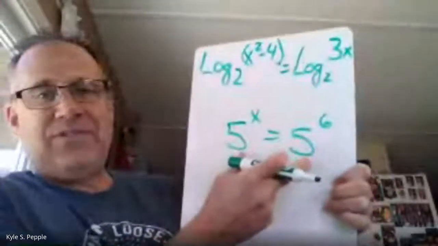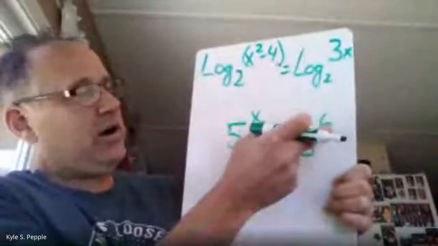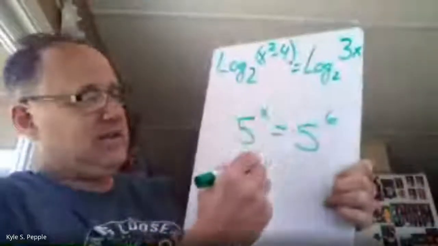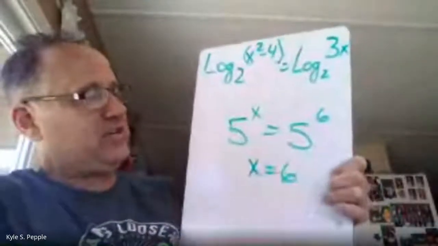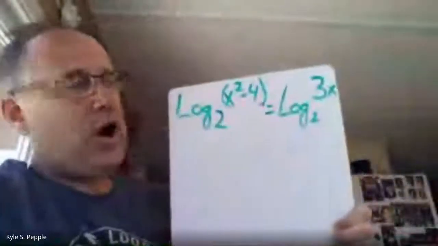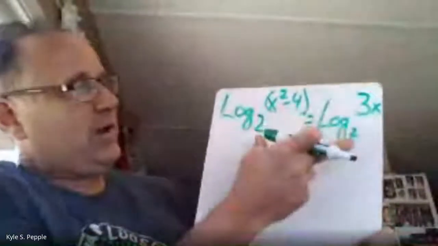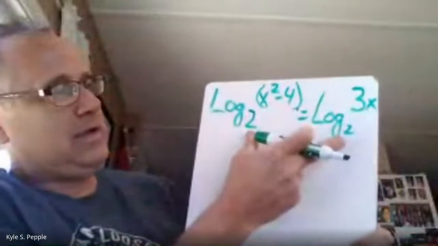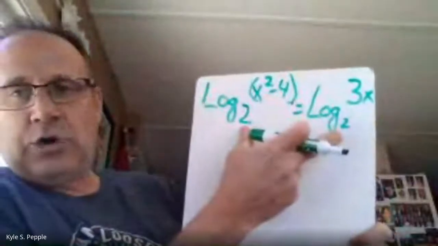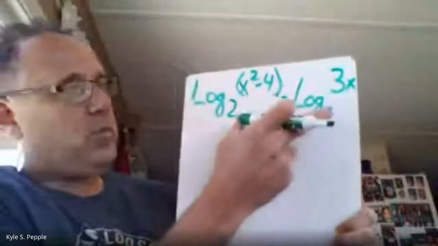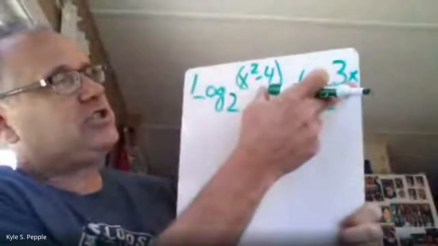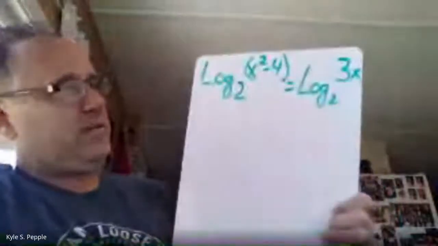If we have the same base, we simply put our exponents equal to each other. x would equal 6. We use the same property with logarithms. If we have the same logarithm here, we then can put our terms equal to each other.